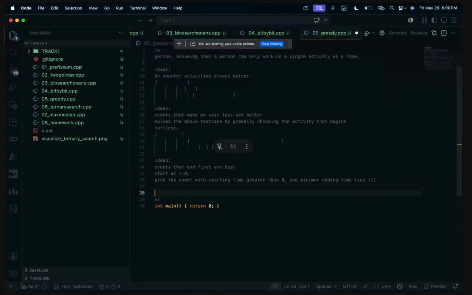After picking this event, we can move on to picking the next event: pick the event with starting time greater than t1 and minimum ending time, say t2. And we continue like this until all of our events have been exhausted.